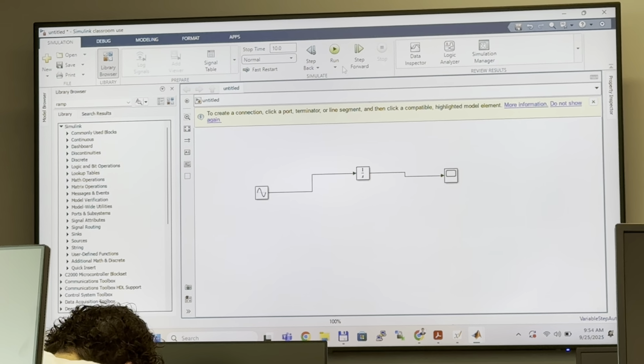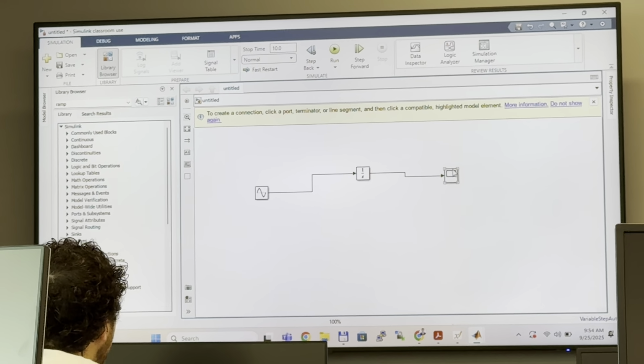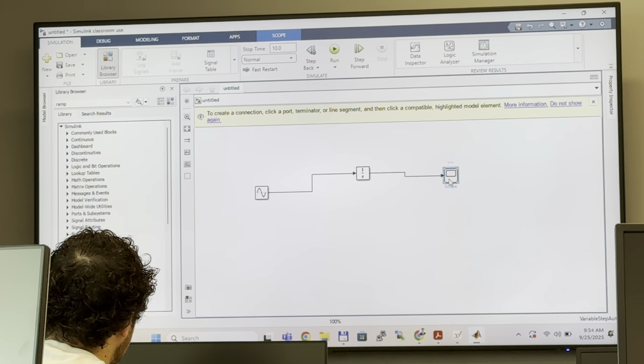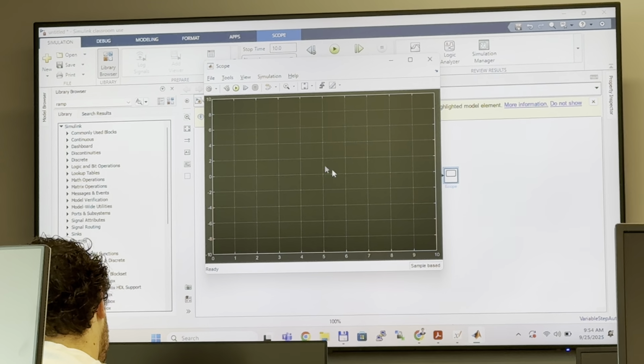For example, here I know that I'm integrating this signal. This is a sine wave, and I should get the cosine wave. So here I can see sine and cosine on the same page.